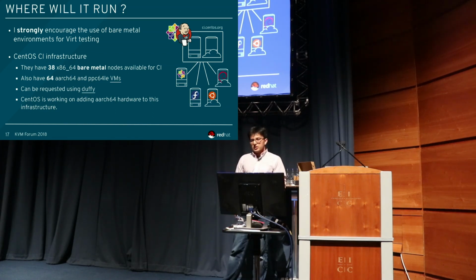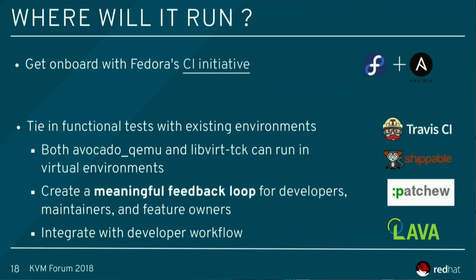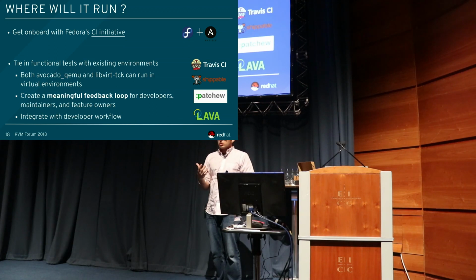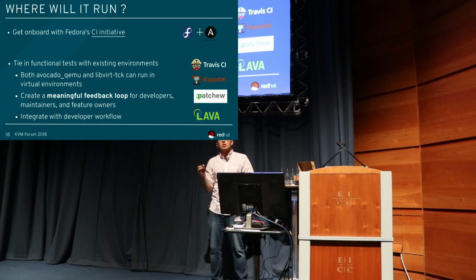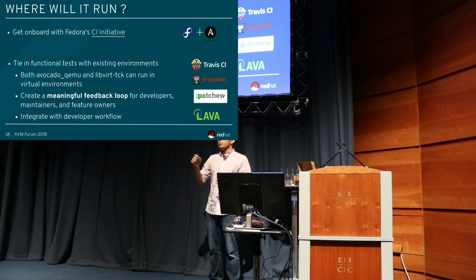The second option that I want to present is getting on board with the Fedora CI Initiative. This is part of the Always Ready Operating System. Tests will be defined in a standard test interface, which is basically a YAML file stored on the dist-git tree of the package and run using Ansible for every new build.